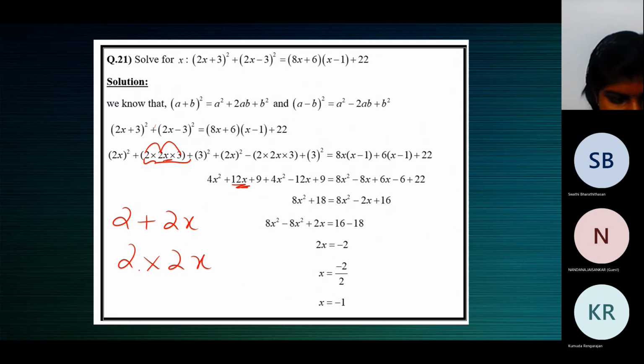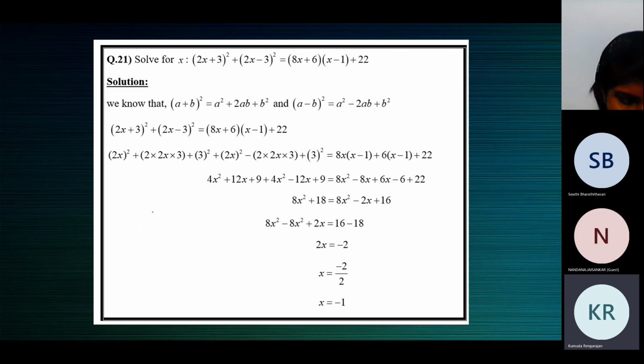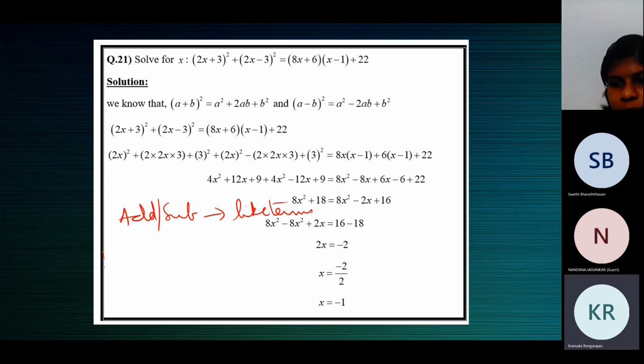Yes, ma'am. Addition and subtraction can be performed only on like terms. Add and subtract only with like terms. For multiplication, you can multiply and divide anything, like and unlike.